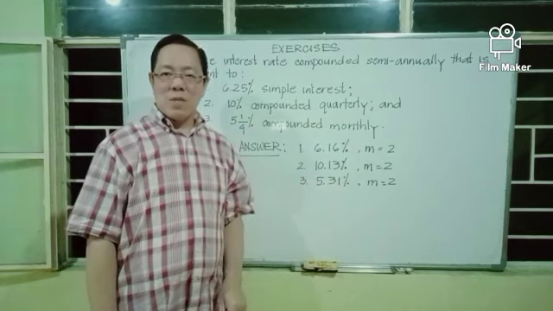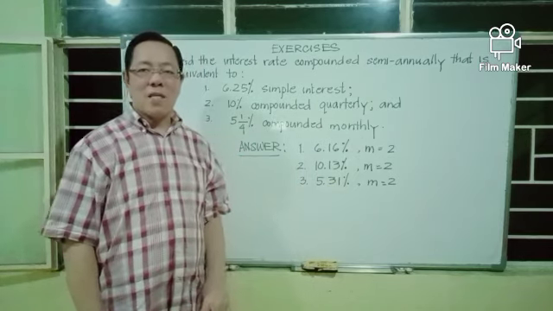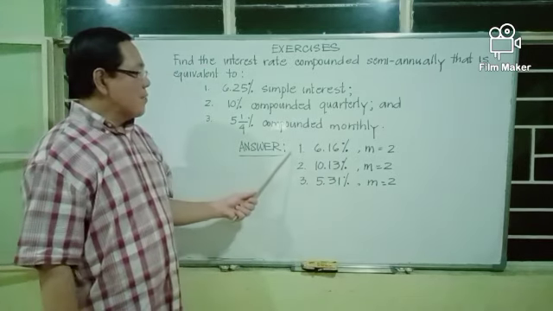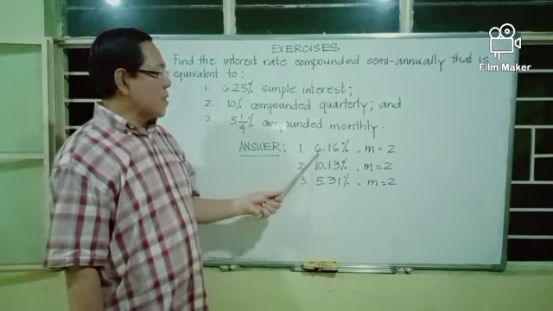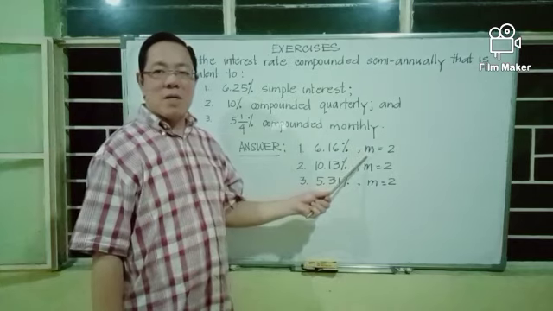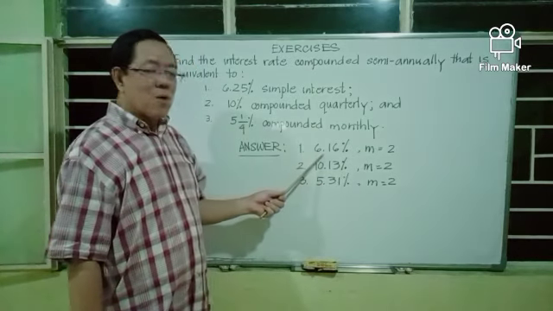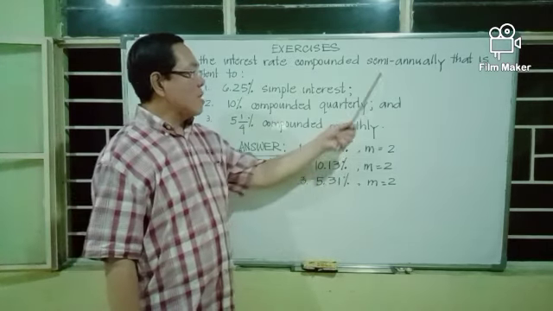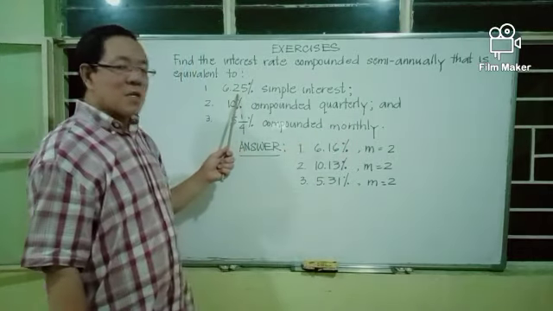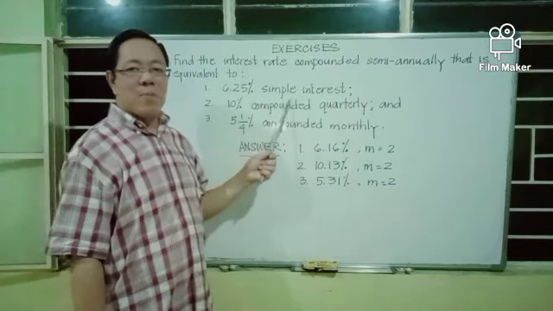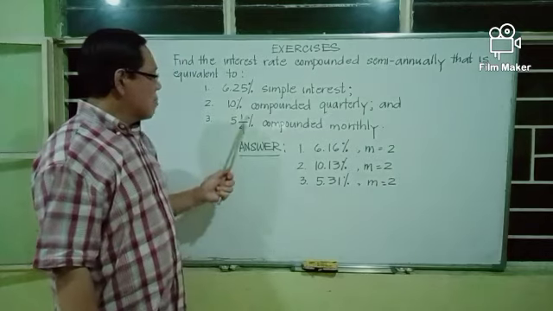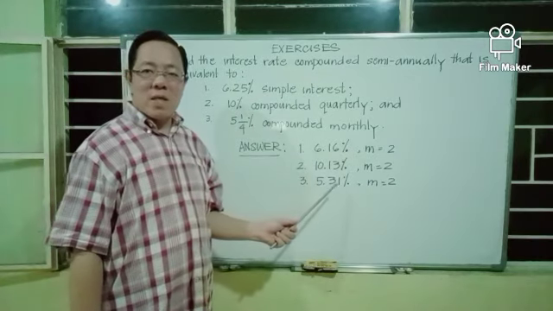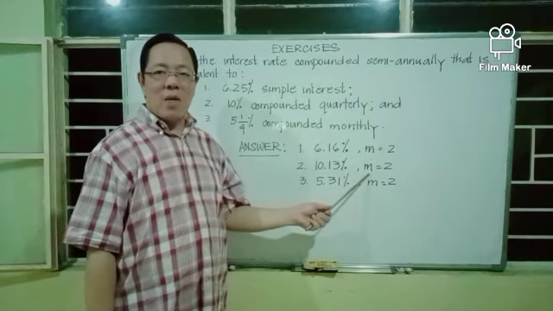And for you to be able to check your answer before submission, I give you the answers. For number 1, the answer is 6.16% compounded semi-annually. This is the compound interest rate compounded semi-annually that is equivalent to 6.25% simple interest. For number 2, the answer is 10.13% compounded semi-annually.